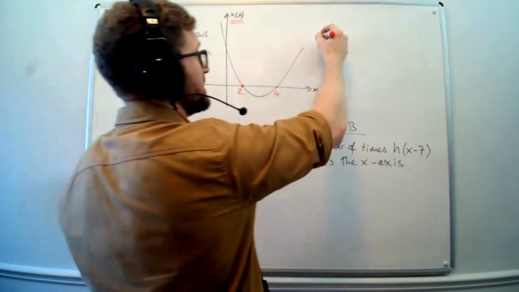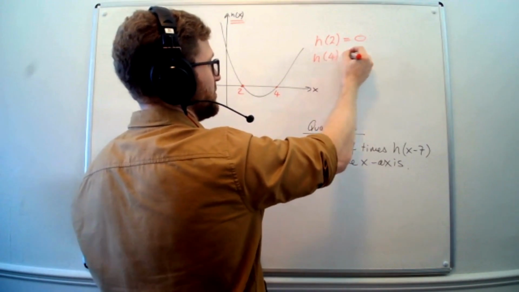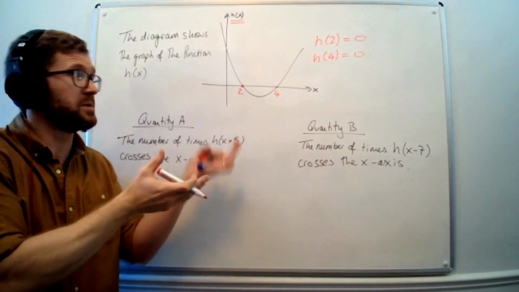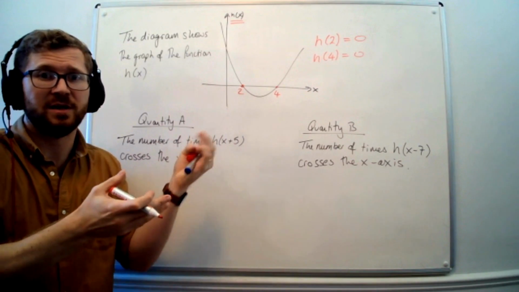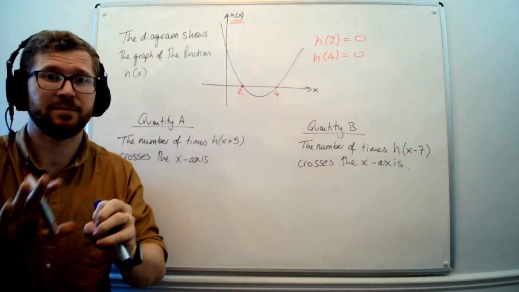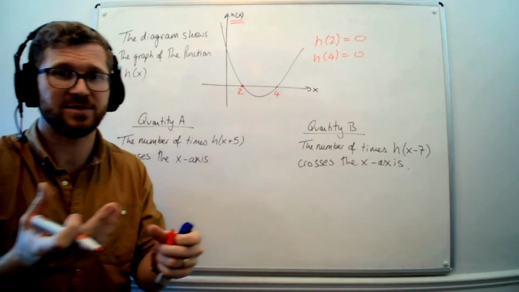In other words, I can say h of 2 is equal to 0 and h of 4 is equal to 0. Now, I don't know what the function is. We're never going to be told in this question. But again, I'm using these numbers arbitrarily just to make this example. If I put 2 into the function, I'm going to get 0 out. And if I put 4 into the function, I'm going to get 0 out.